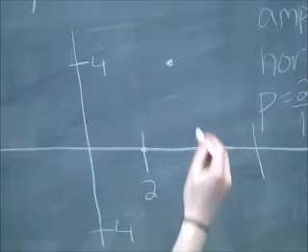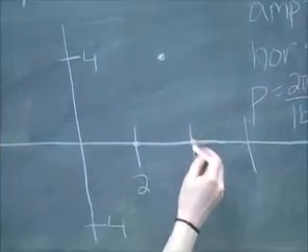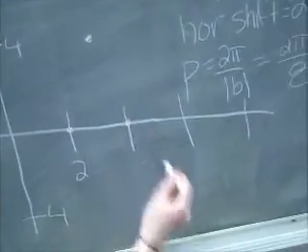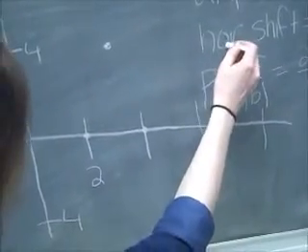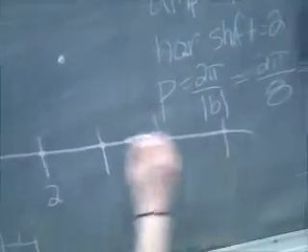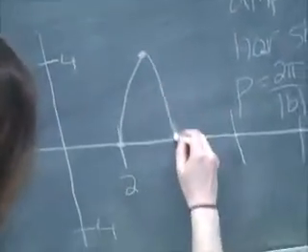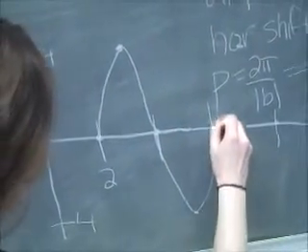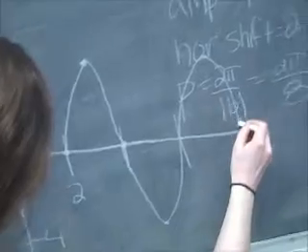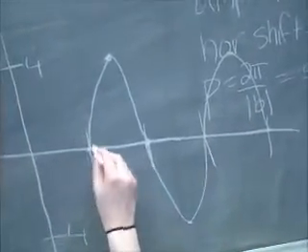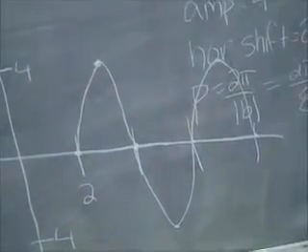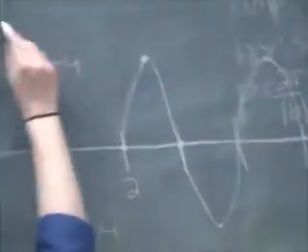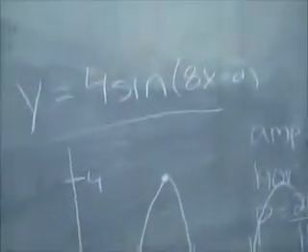This is going to be a sine curve, so we'll have the amplitude here, and then another dot here, another dot here, here, up at 4 again, and then another one here. And that will just help you draw your curve easier. And then this right here is going to be your period, and that equals pi over 4. So that would just be how you draw an equation if you're given it. So that's how you do that one.